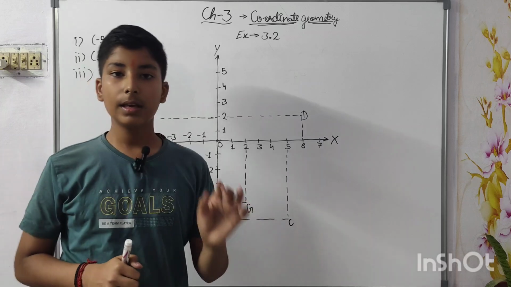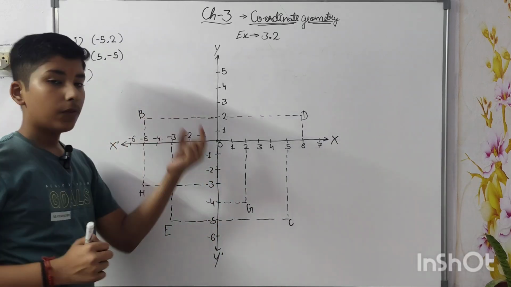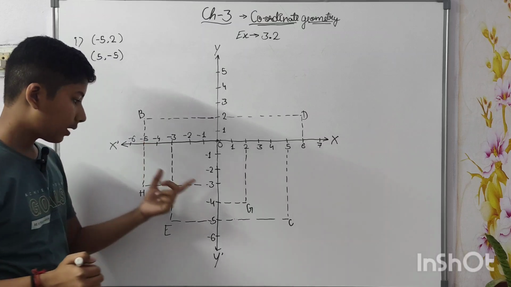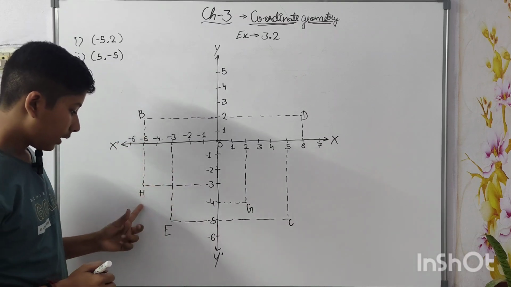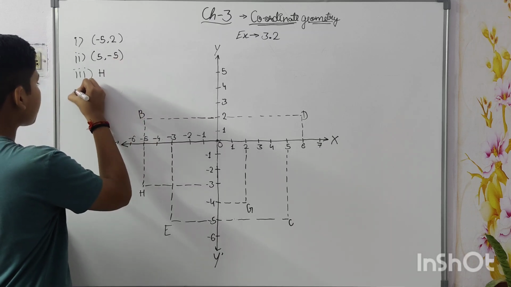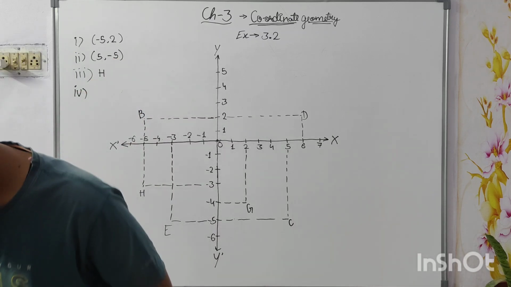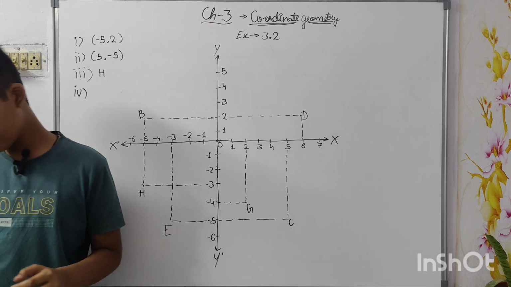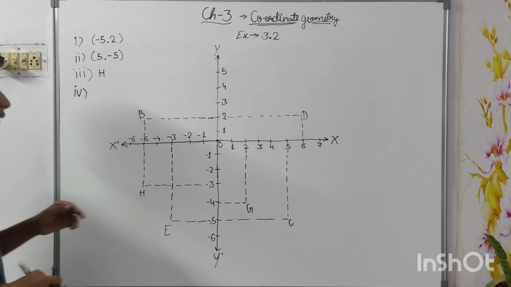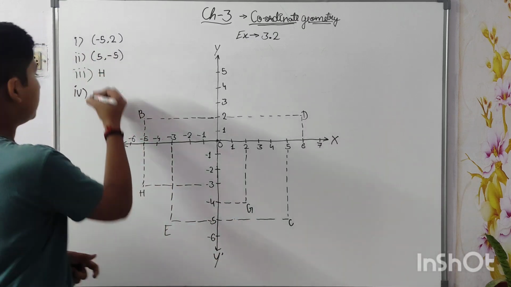It's asking basically which letter is on the coordinates -3, -5. It is H. So we'll write H. Now the fourth one, the point identified by 2, -4. It's G.